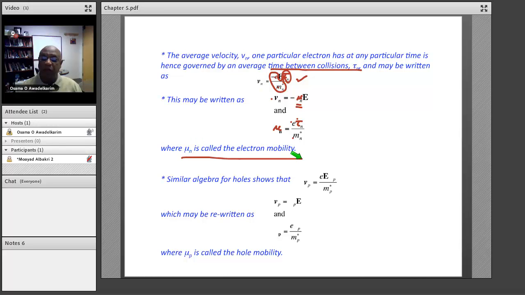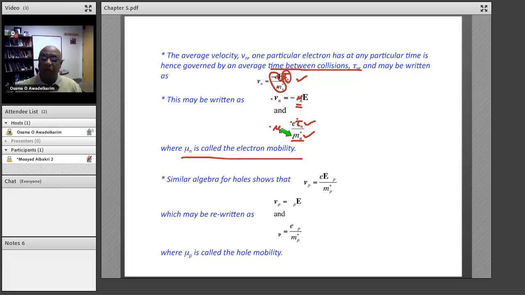The mobility is the ability of electrons to move, the ease with which electrons move. This ease depends on the average time between collisions and on the effective mass of the electron. So if the electron is heavy, then the mobility is small, so it is less easy for the electron to move.